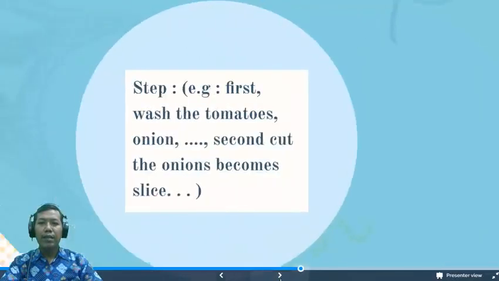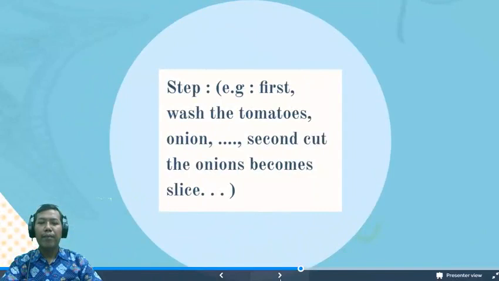And the last is the steps. There must be more than one step. The phases or the stages are explained one by one, serially, orderly. They are not interchangeable. They must be in series, in correct order.